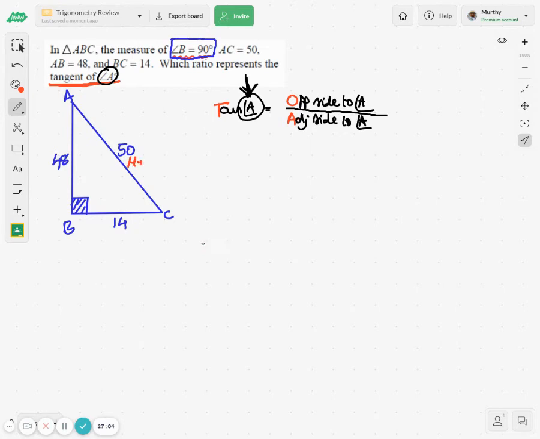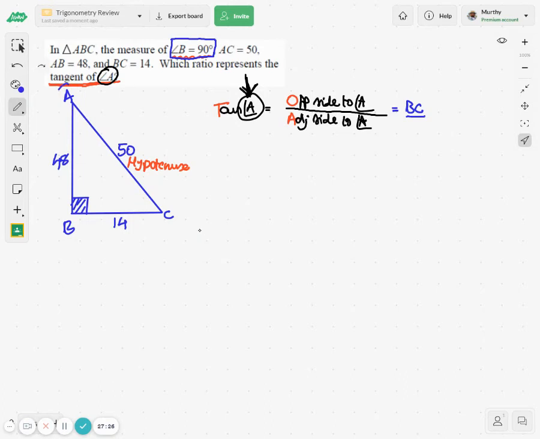What is the hypotenuse? This is the hypotenuse. So the opposite side to angle A is BC, over the adjacent. Please remember, adjacent means the side which is next to the angle.